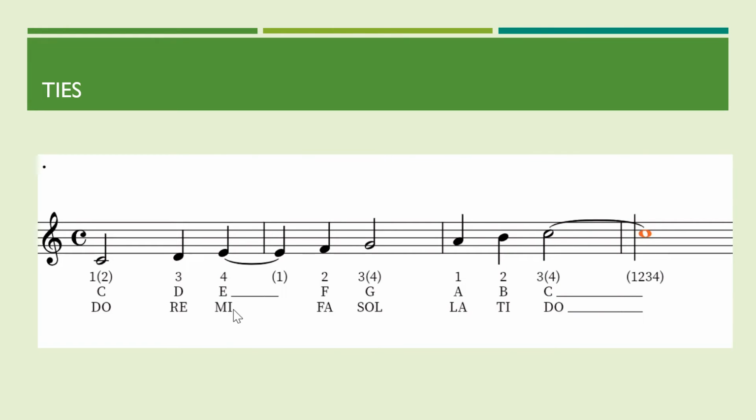And that lasts. So if I were to sing this on the solfege syllables, do, re, mi, fa, sol, la, ti, do.